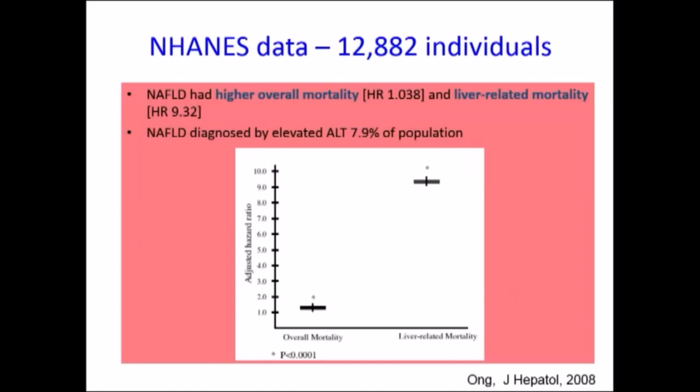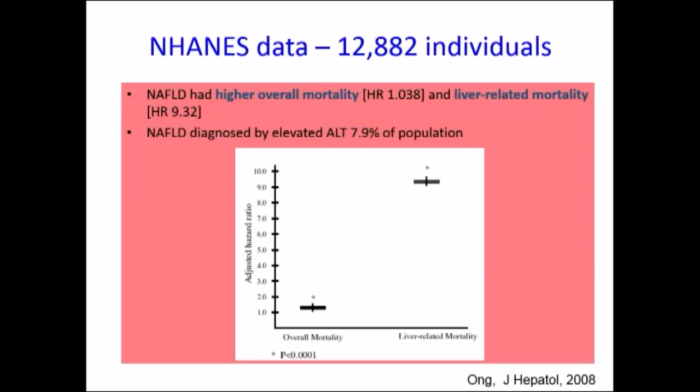Now, when you look at liver enzymes, ALT, which is the most common liver enzyme that we look at in the population, about 8% of the general US population has elevated liver enzymes for which there is no apparent cause. So after looking for hepatitis C and all the usual stuff, there are about 8% of people who have elevated liver enzymes.